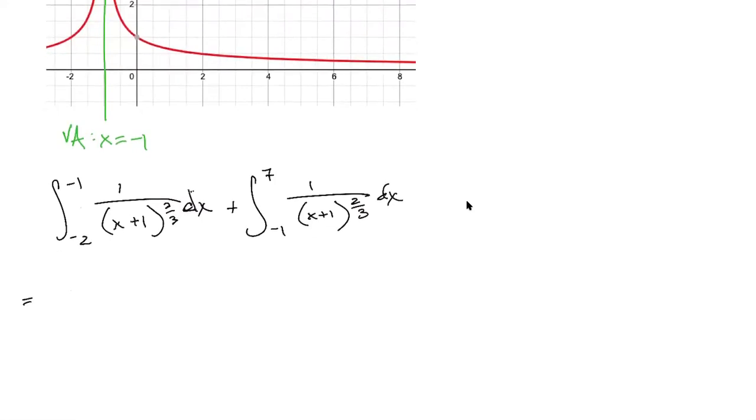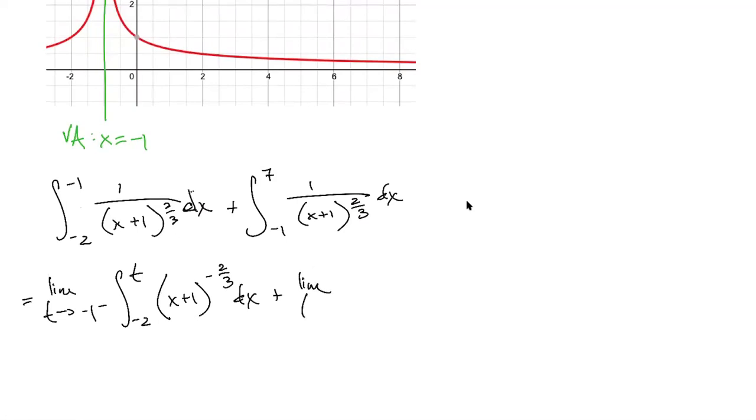So this is going to be the limit as t approaches -1 from the left, and I'm just going to write this as (x+1) to the -2/3. Set myself up for that power rule right there. Then the limit as t approaches -1 from the right of the integral from t to 7, and same thing, (x+1) to the -2/3.